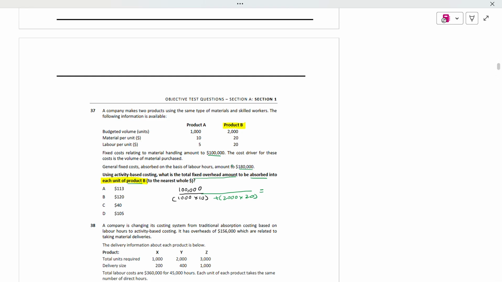Is it okay? It will get you, let me remember the number. I think it's 2, but let me just double check. It will give you 2.